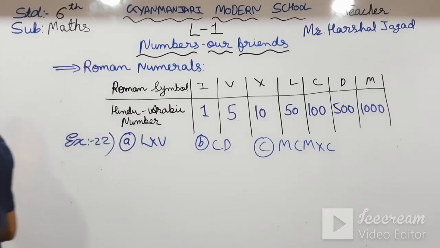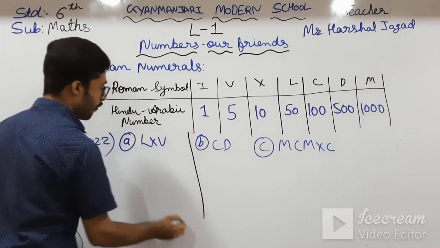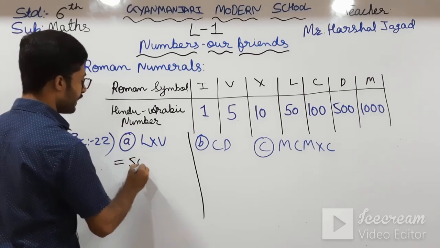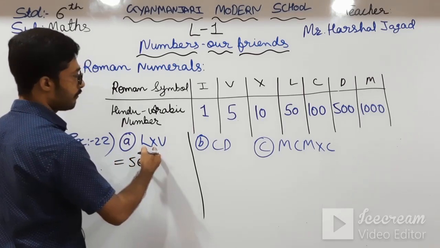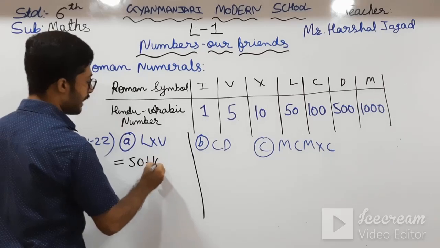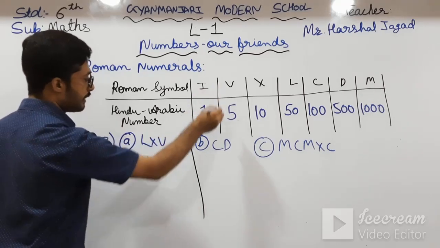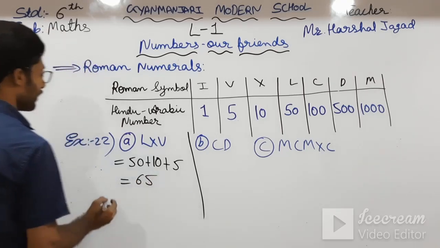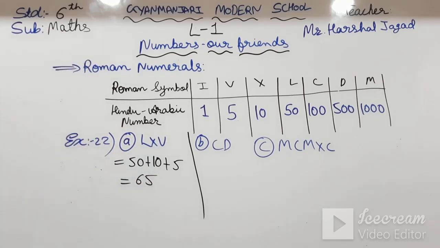Okay students, so first of all we will solve the first one. Here, what is the value of L? That is 50 plus what is the value of X? That is 10. And what is the value of V? That is 5, so 65 is the answer. Okay students, next that is CD.